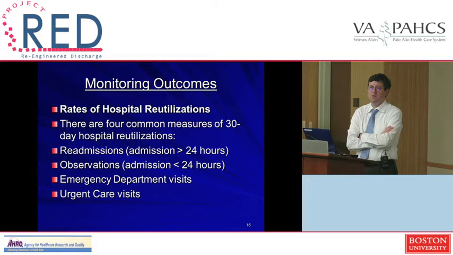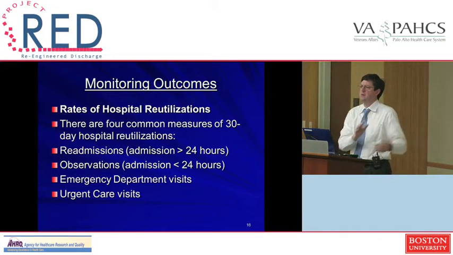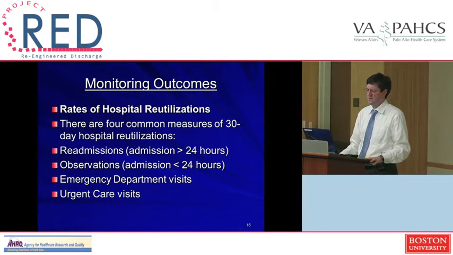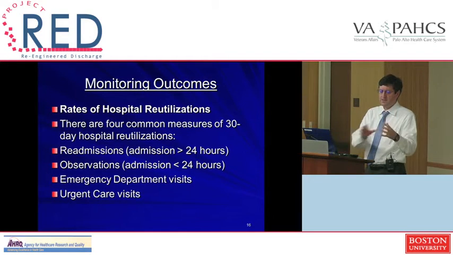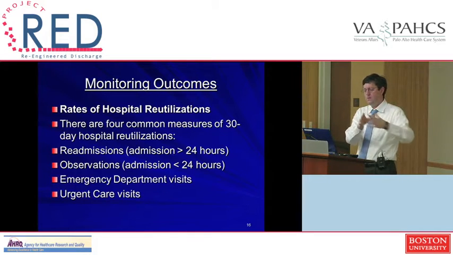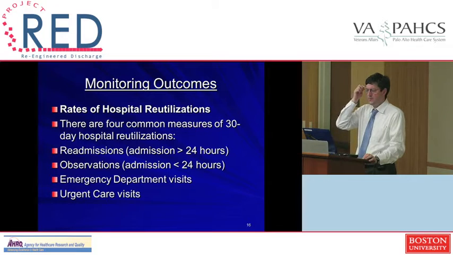Yeah, so those are all really good points. So you are left with all the process measures that we talked about, and there's a lot of things to measure, and the survey data sounds like it's difficult in this environment, but that's okay. In terms of monitoring major outcomes, the process is just the process. If you do the process well, then hopefully the major outcomes are improved, and the rates of hospital reutilization.